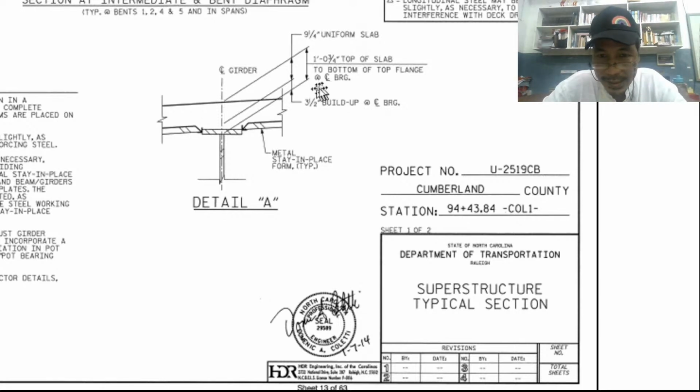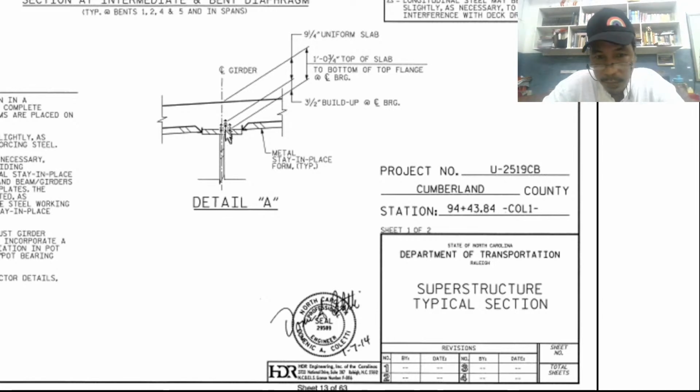Okay? At center line. That is center line. So this is the center line. Okay? Then from that point to this reference line, 3.5 inch build up at center line. Okay, 3.5 build up.